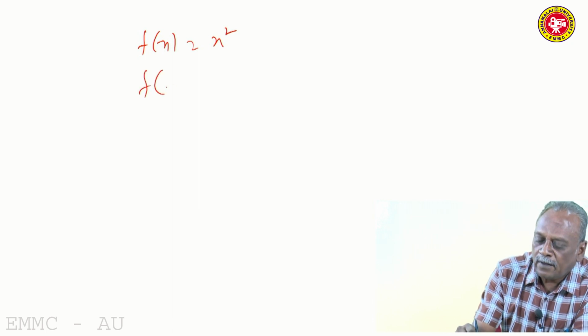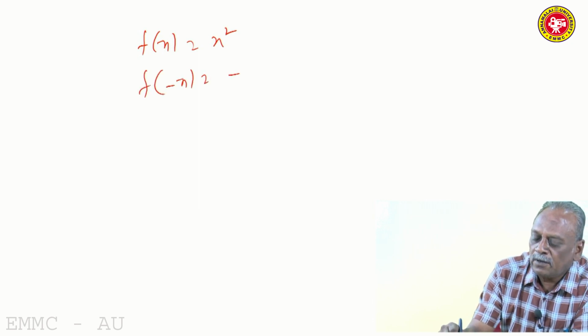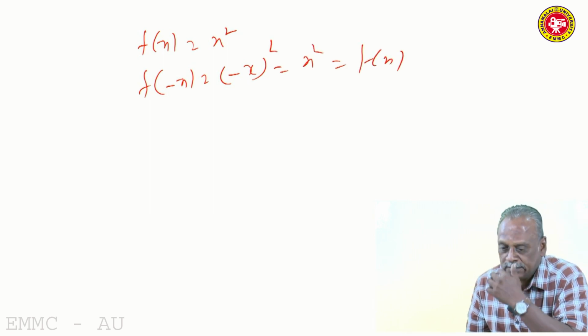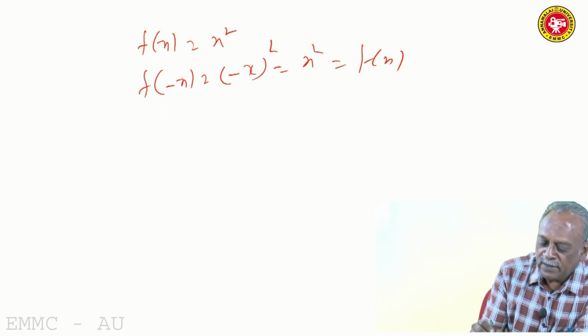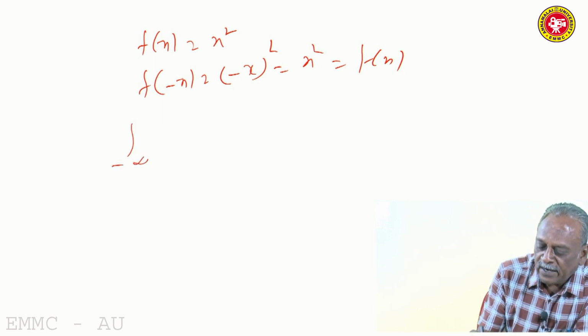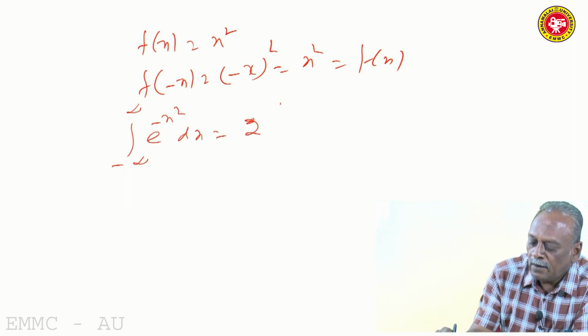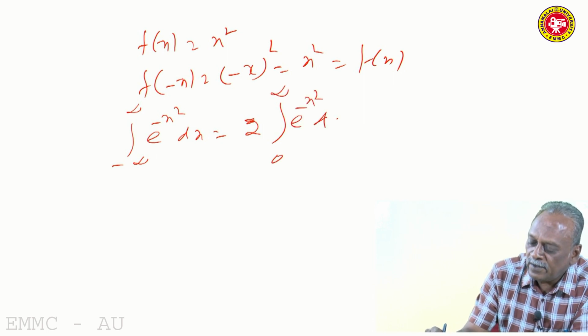Now here, taking f of x equal to e power minus x square, f of minus x equal to e power minus of minus x whole square, equal to e power minus x square, equal to f of x. So this is an even function. Therefore the given integral can be written as integral minus infinity to plus infinity e power minus x square dx equal to twice integral 0 to infinity e power minus x square dx.